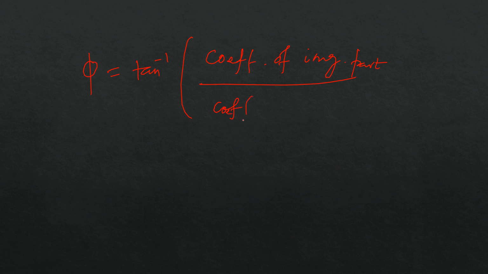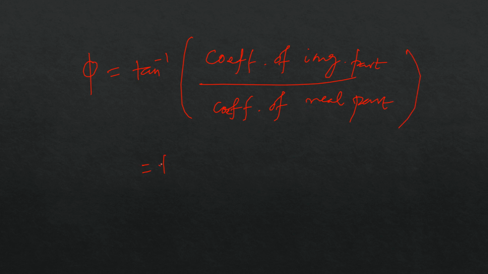So what can I do now? Phi, your phase angle, is tan inverse of, remember this, the coefficient of the imaginary part divided by the coefficient of the real part.